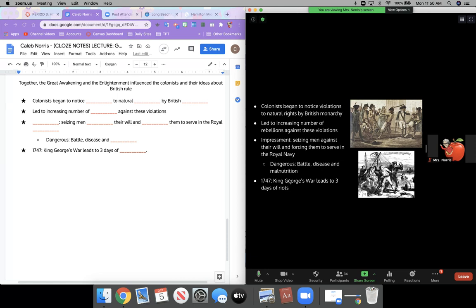So again, this is not a new idea. This is something that has been happening for hundreds of years. And if you want to enact any kind of change, you need to speak up. And what the Great Awakening and the Enlightenment did was it empowered the colonists to speak up, to not allow Britain to have all of the control anymore, to let them know that they weren't happy with the way that Britain was treating them. Okay.